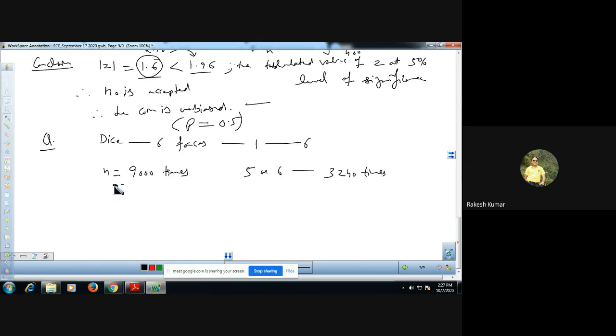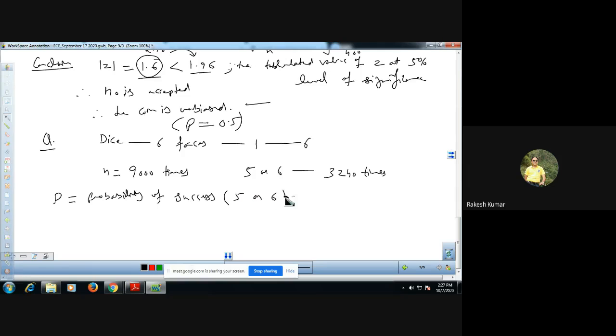Unbiased means it is not favoring any face, that it comes 6 again and again, or it comes 5 again and again. So the probability of each face coming is always the same. So let us calculate capital P, that is the probability of success. And what is the success we are taking?